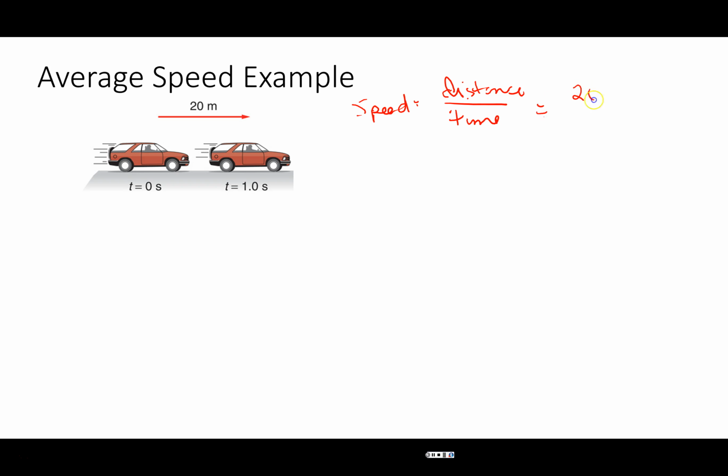Distance, I got 20 meters. One thing, I know it's small, but if you haven't done much science problems, you really should keep the units with the numbers. So we have 20 meters, and it helps the whole problem. And what's the time? 1 second. I'll even write 1.0 s for second. So, sorry, 20 meters per second. Does that seem right?